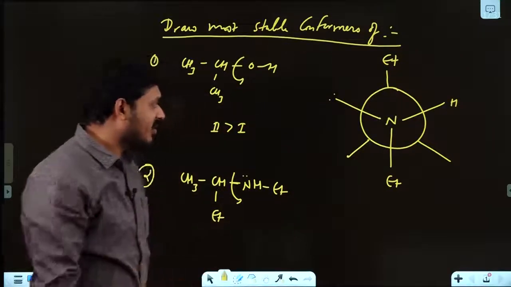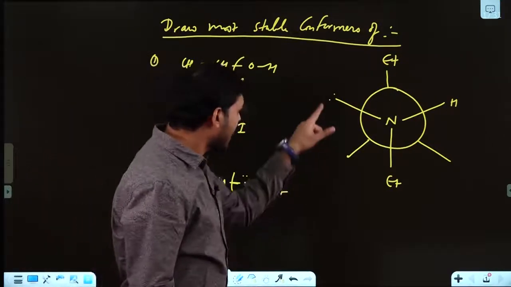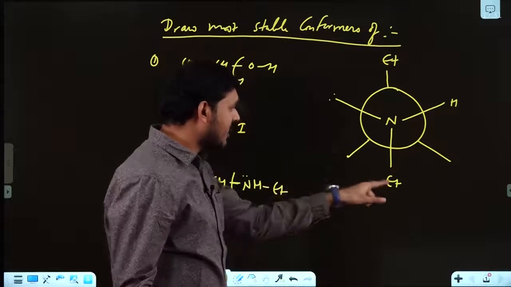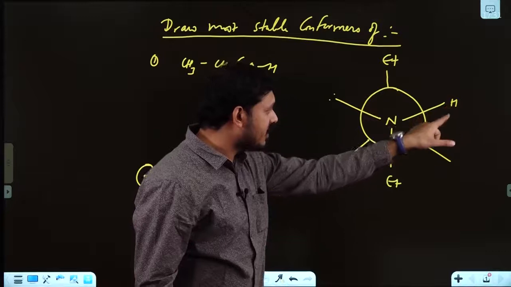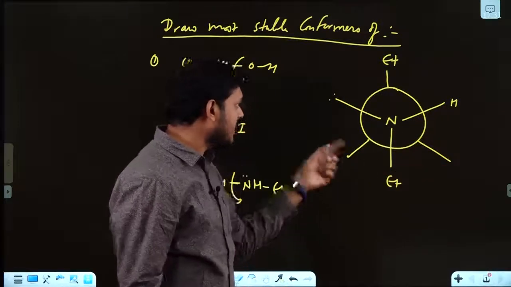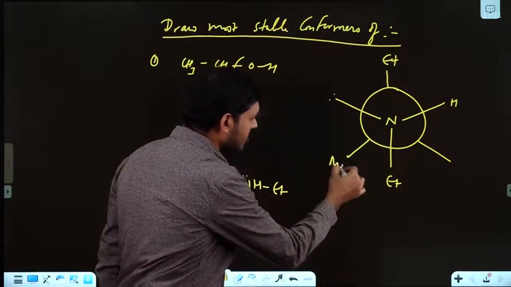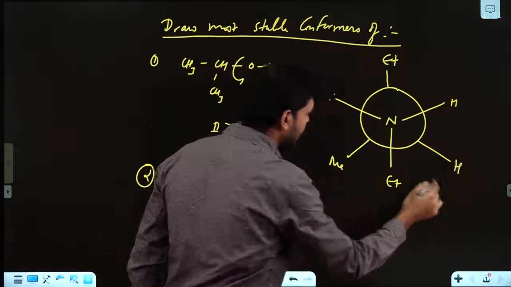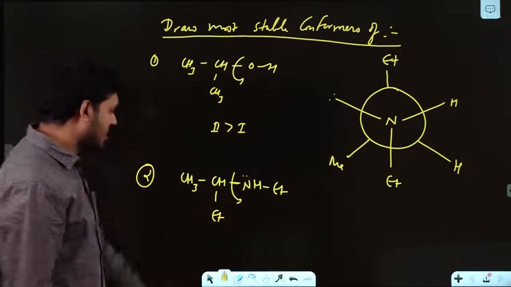Now again the question comes, where to place methyl? Methyl here and lone pair, that is okay, but methyl-ethyl repulsion. Again if I place methyl here, there is methyl-hydrogen repulsion as well as methyl-ethyl repulsion. So ethyl-methyl is common in both places, but lone pair and methyl will be the stability-gaining part. So methyl here and hydrogen here. This is the most stable conformer for this case. Okay, so note it down.